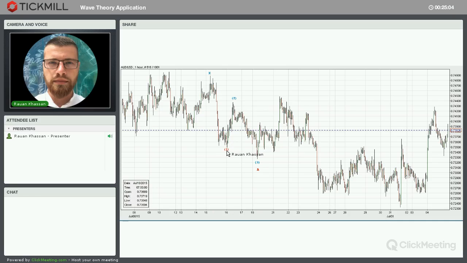The next wave is an upside one, and it clearly consists of 3 parts as well. So 1, 2, and 3. The finish of the third part of the upside wave around price level 0.7450 marks the finish of wave B.